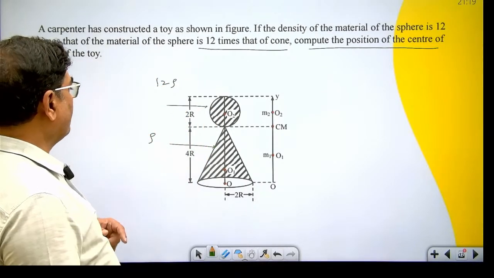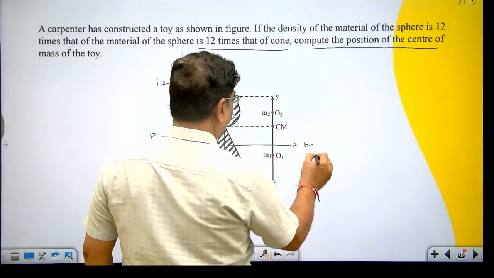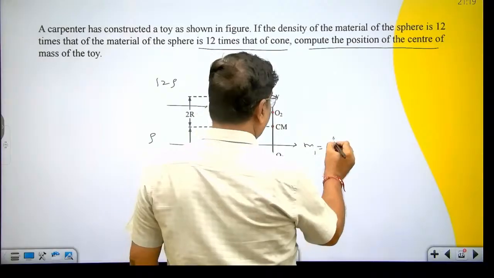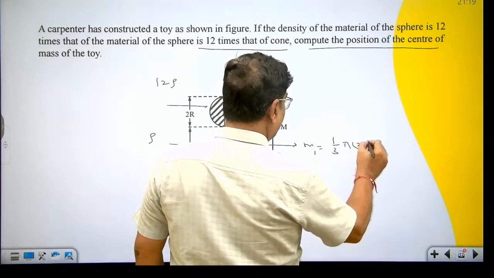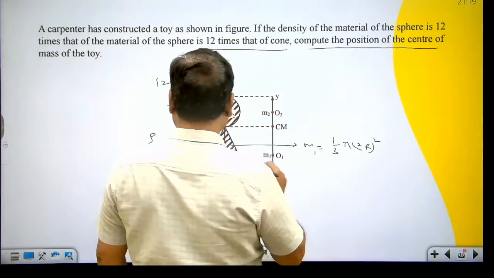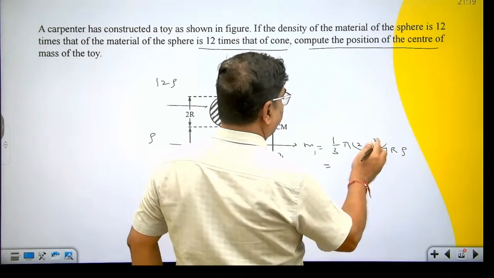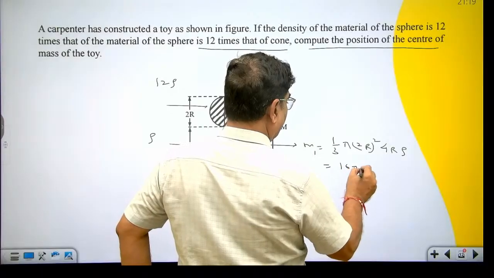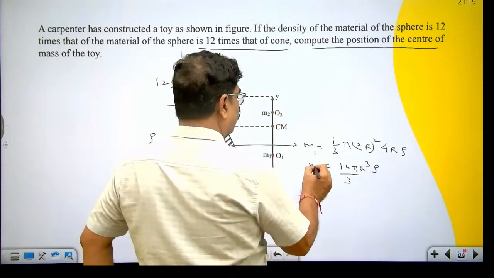Now we can easily calculate the mass. What is the mass of the cone? M1 equals volume, 1 upon 3 pi r square, h is 4r, into rho. This is 16 pi r cube rho upon 3. This is m1.